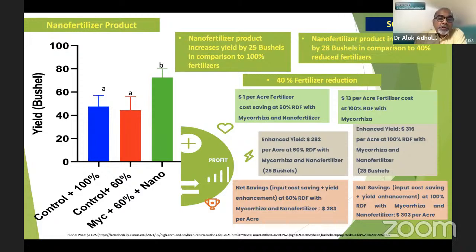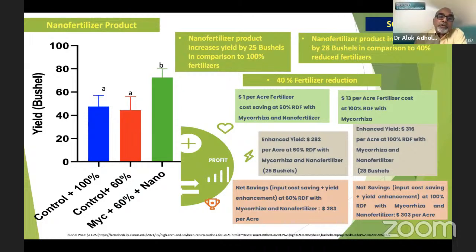Now, the important aspect is that we are open to working with industries, the seed industries and the fertilizer industries, to do a comprehensive evaluation of these products. We are willing to help them with these products and go forward to further optimize the fertilizer saving as well as the enhanced productivity at the same time.